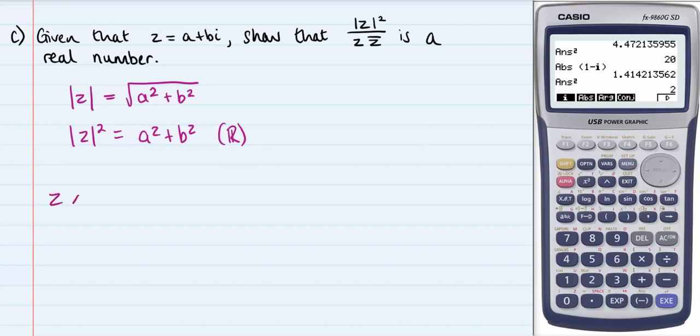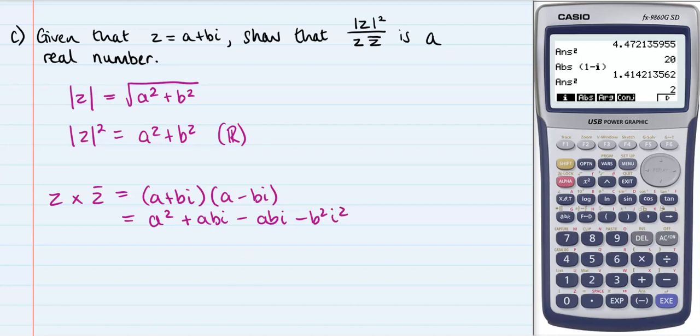z times by its conjugate is a plus bi times by a minus bi, and if we expand that, we get a squared plus abi minus abi minus b squared i squared. So those middle bits cancel. i squared becomes minus 1.